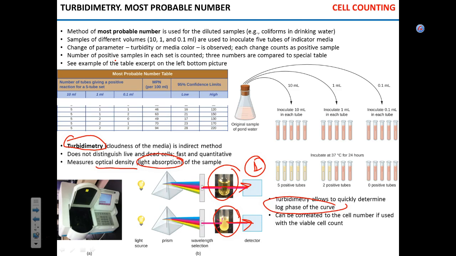Here's how it works. You prepare 3 sets of 5 tubes with a growth medium. Can you see that?